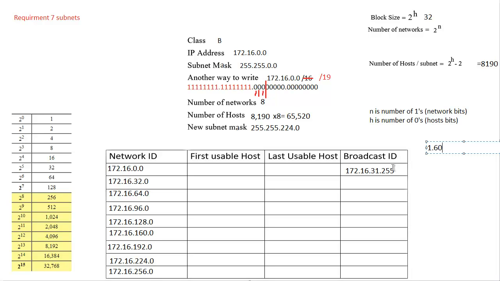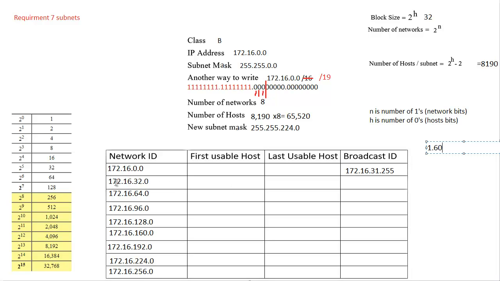The same way, when it goes to 255, we write 0 and here 1 is added, this will be 132. So that's why after this one is this one and before this one is this one.